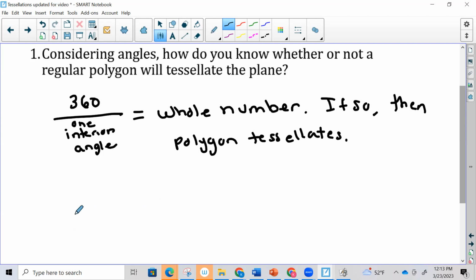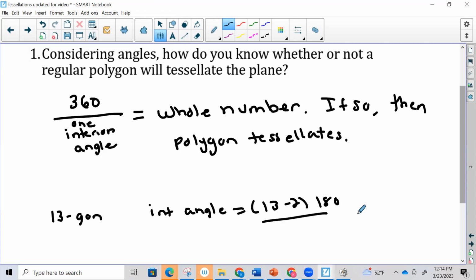But let's say I tried a 13-gon, and I found the interior angle, which is 13 minus 2 times 180 divided by 13. That gives me 152.3.